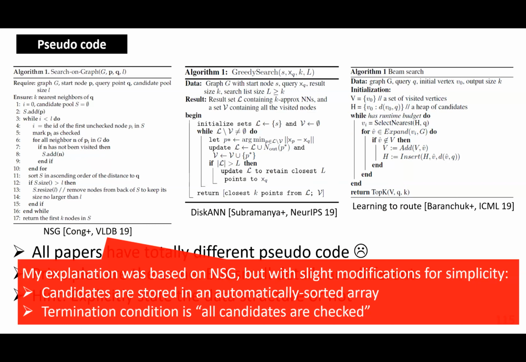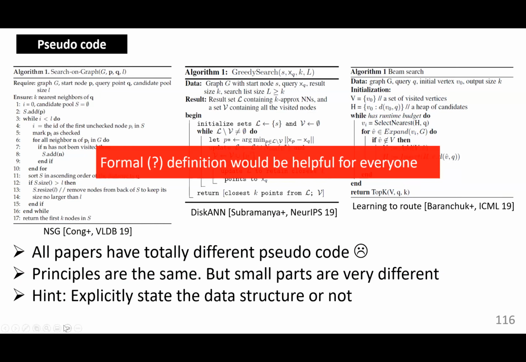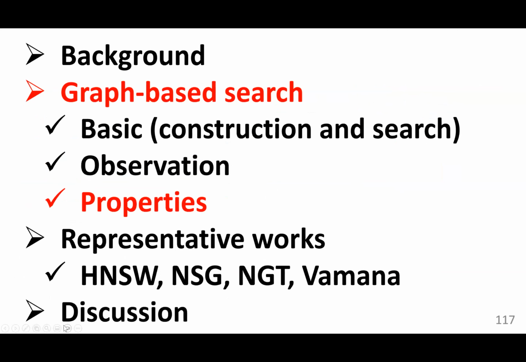Generally speaking, my visualization is a direct translation of this. A formal definition would be very helpful for everyone, so if some of you want to try, please do that. Then let's create a standard pseudocode. That's very helpful. Okay, then I finished the observation stuff.